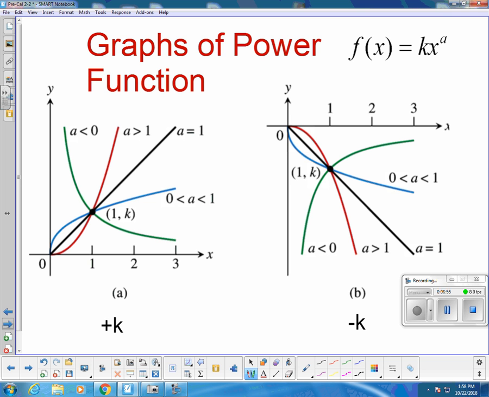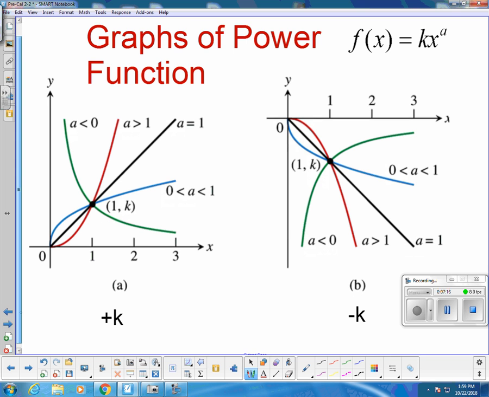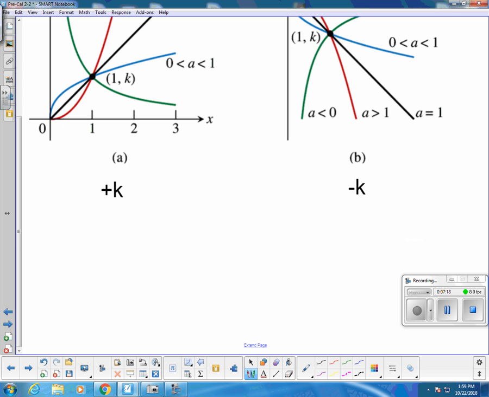It looks kind of the same. If the a value, if that exponent is between 0 and 1, you have this swoop, like a square root function. Okay, it starts and swoops to the right. If the exponent is negative, you have this green branch. So I would maybe draw those separately. Okay, so let's kind of draw them separately down here.